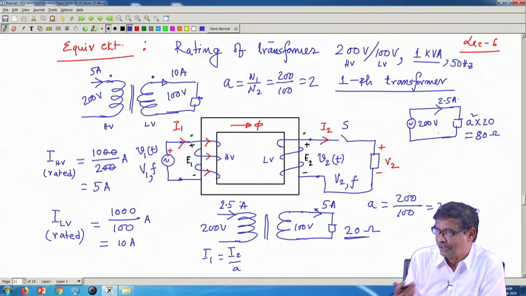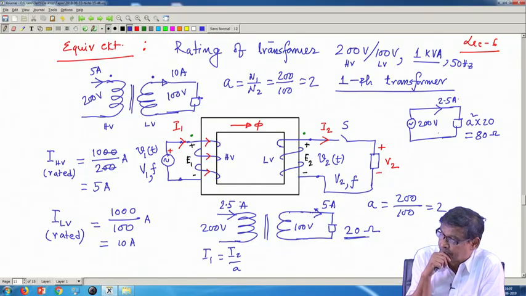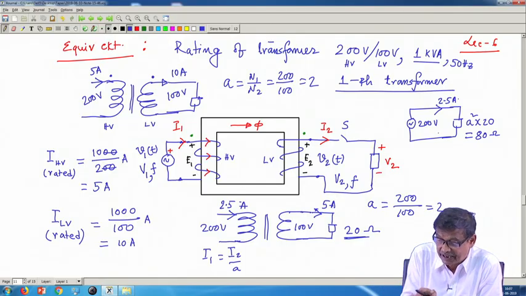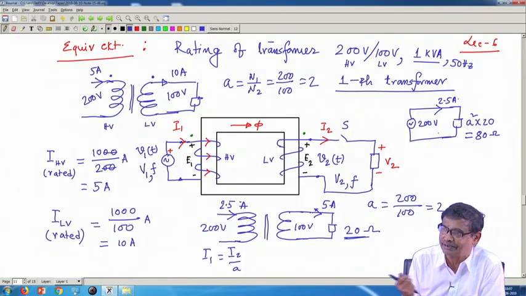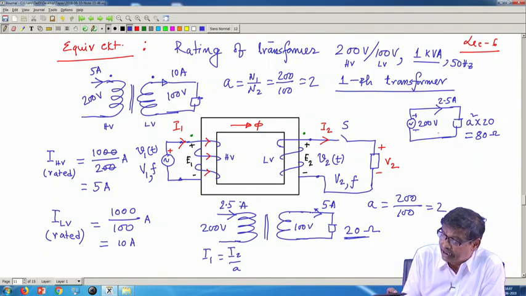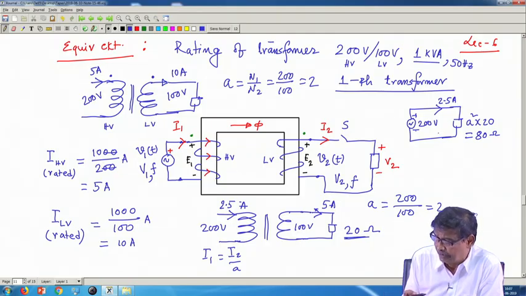You are physically connecting an impedance of 20 ohm, but to the source it appears to be 80 ohm. You can manipulate the impedance. Then this current will be 2.5 into 2, equal to 5 ampere.